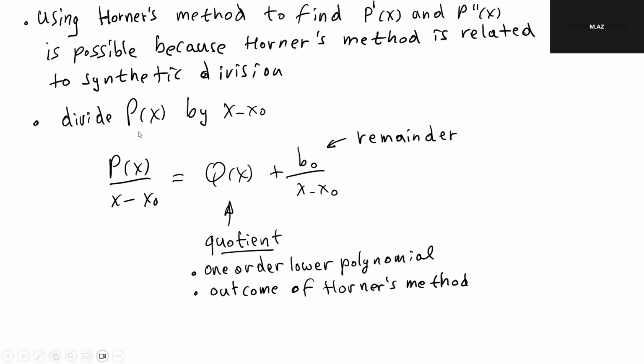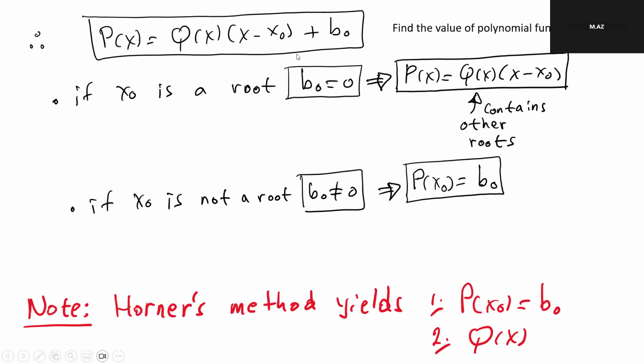If we divide the polynomial function by x minus x naught, we will have this one. This is called the quotient, and the quotient is always one order less than the polynomial function. This is one outcome of Horner's method, and this is the remainder. If I multiply these equations by x minus x naught, we get this equation.